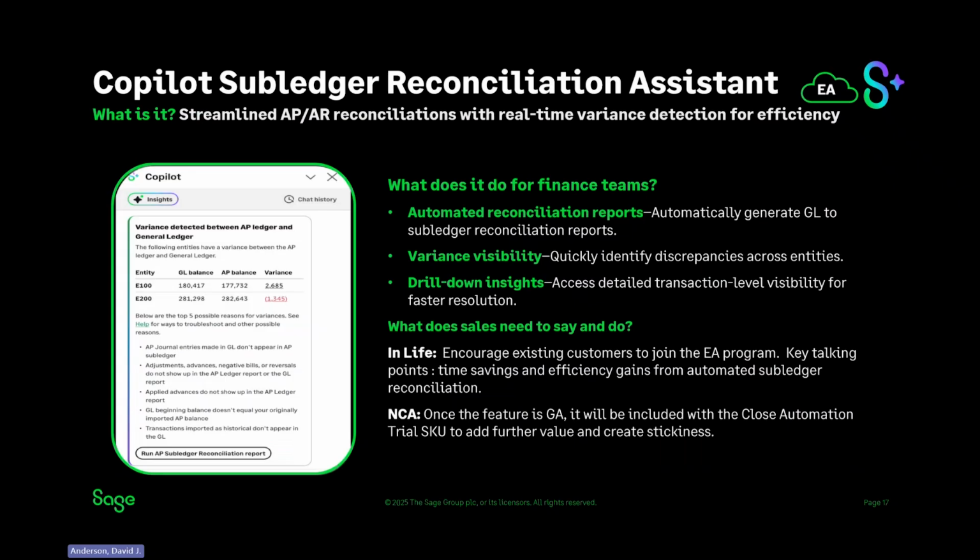Now, another part of this is going to be that subledger reconciliation. You're not going to have to slow down your month-end close, right? So with Copilot subledger reconciliation, the assistant's going to automate the reconciliation report preparation. It's going to highlight variance analysis. It's going to provide drill-down insights, and that's going to be for faster resolution.